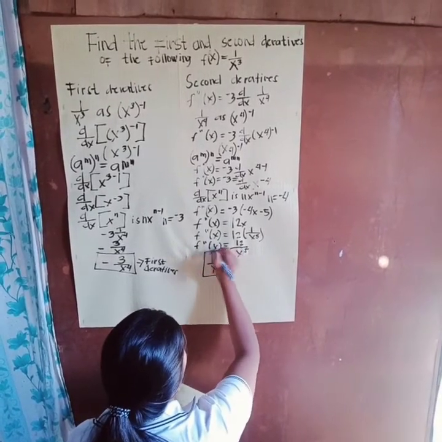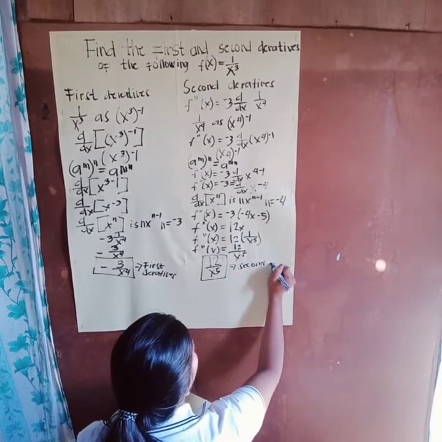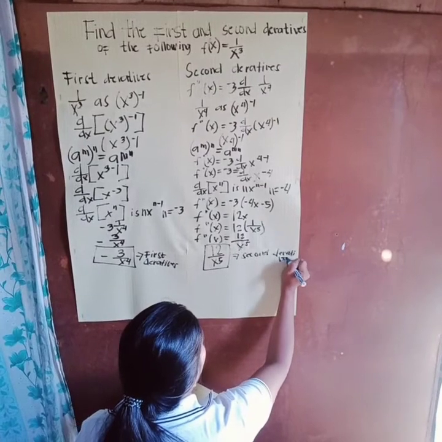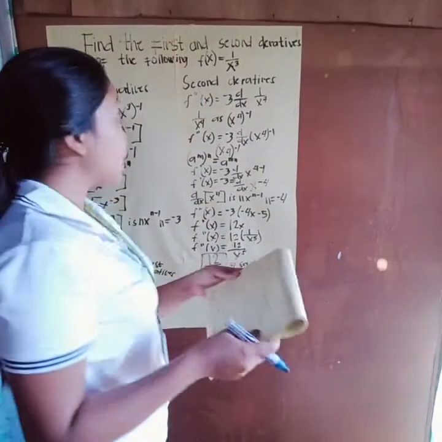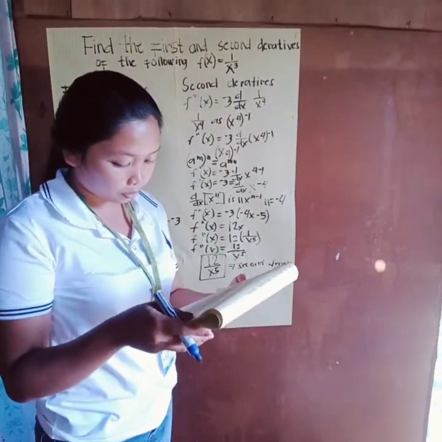So this is now our second derivative of the following: f(x) is equal to 1 over x cubed.